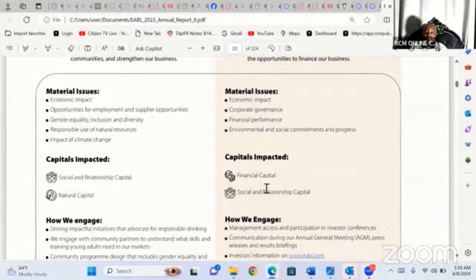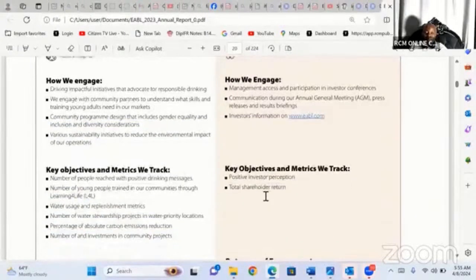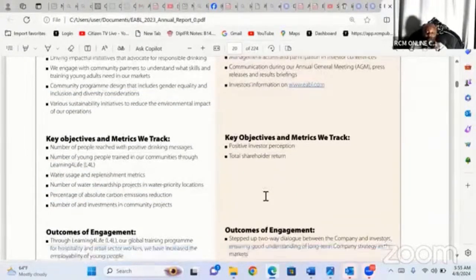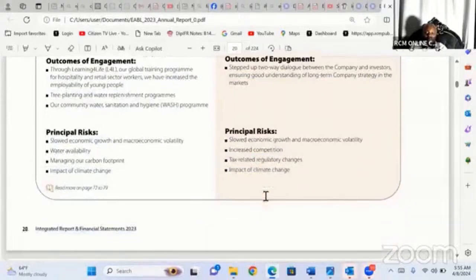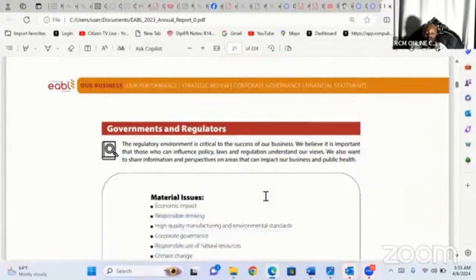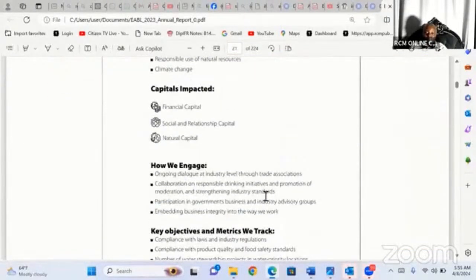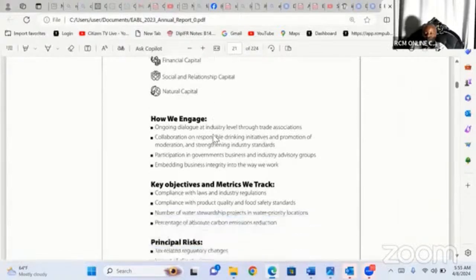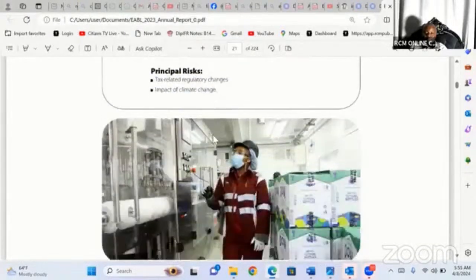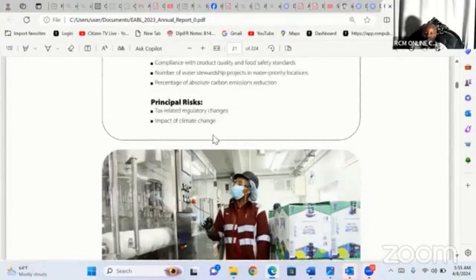For each, if it's material issues, social relationship capital, natural capital, financial capital, they'll be able to give us the six capitals. CPA is very, very practical. So you can see here we have financial, social, natural capital, all of them. You can see now they're giving us principal risks.